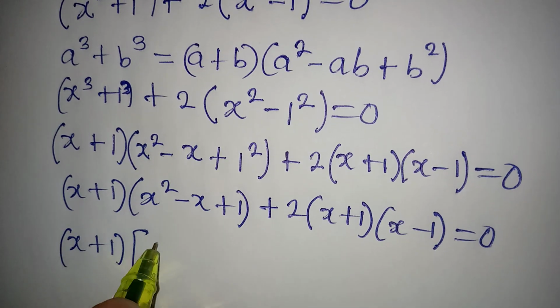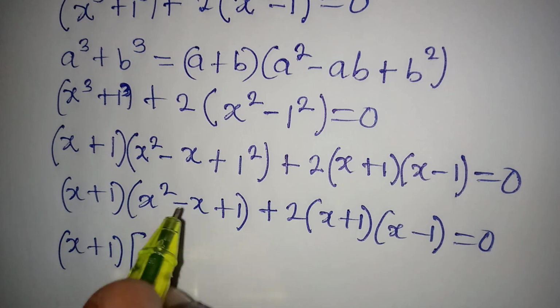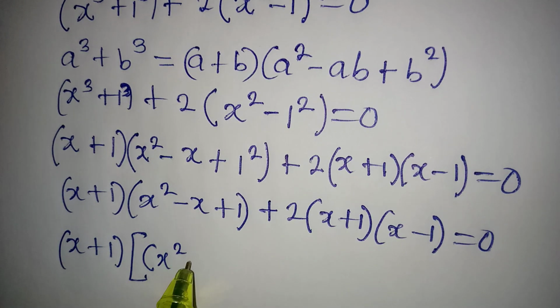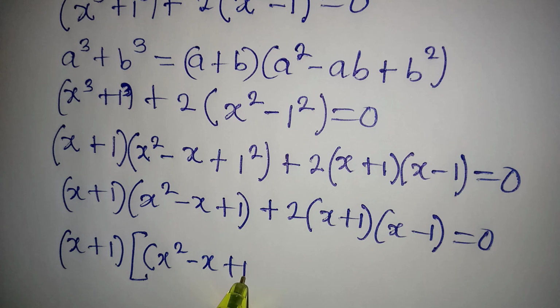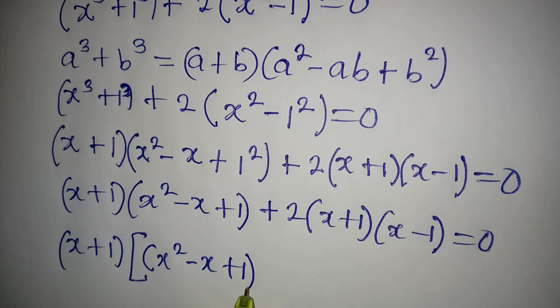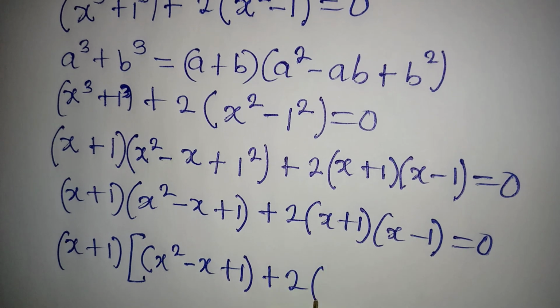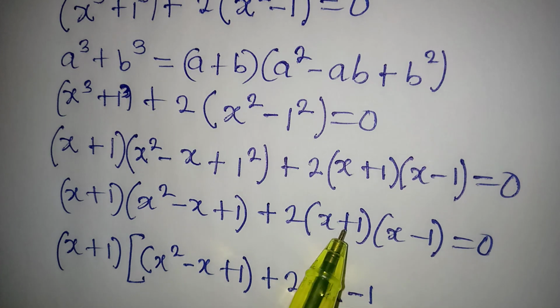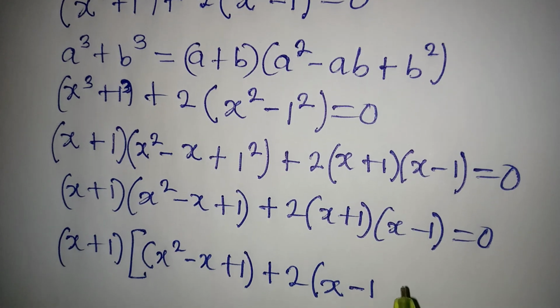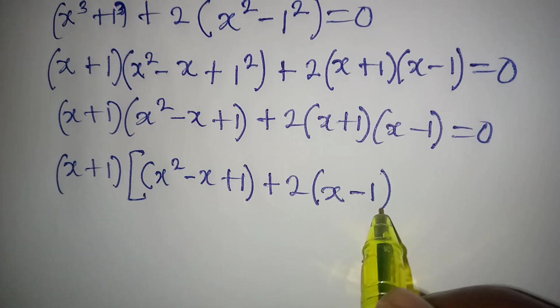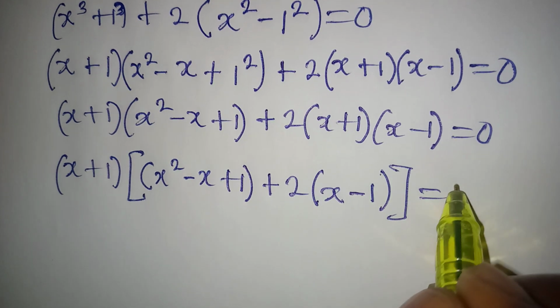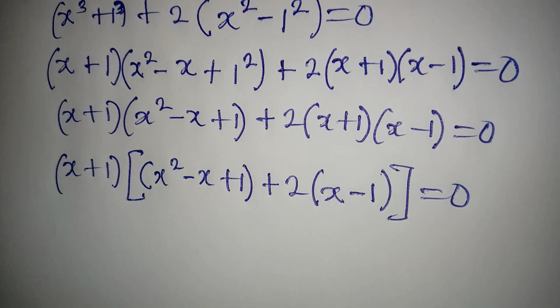And then in here, we will have only this, x squared minus x plus 1. Close this. Then here, we're going to have plus 2 into x minus 1, because x plus 1 is already outside. Okay, so we close this, and then everything is equal to 0.